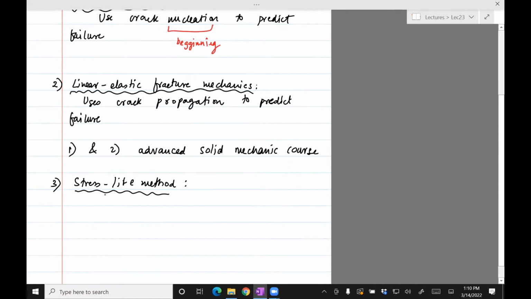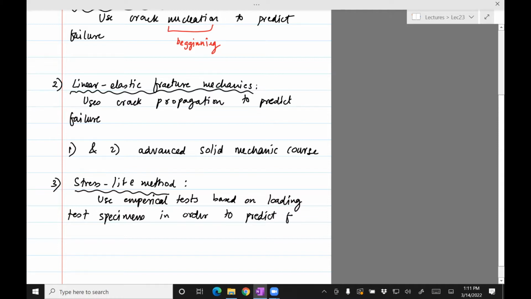So we'll use this method, using empirical tests based on loading test specimens in order to predict failure.